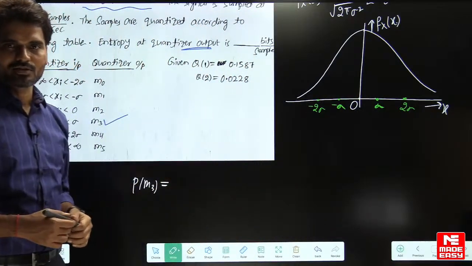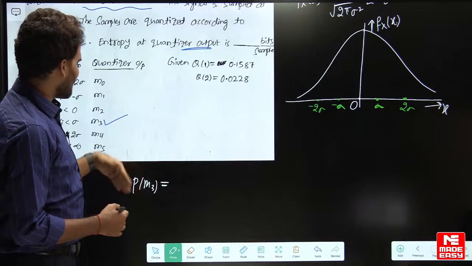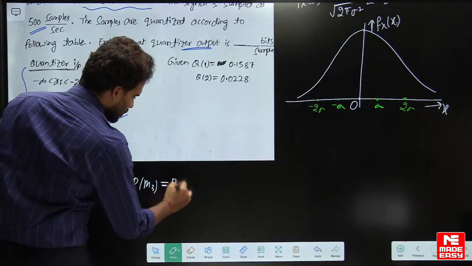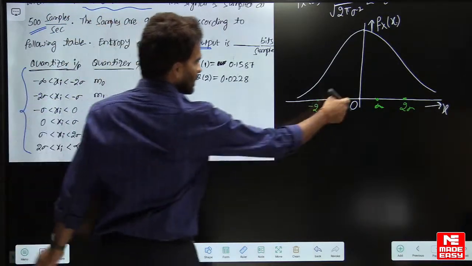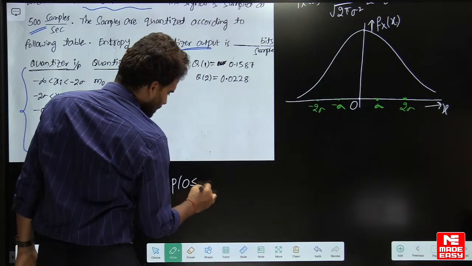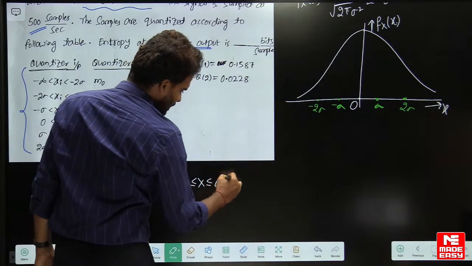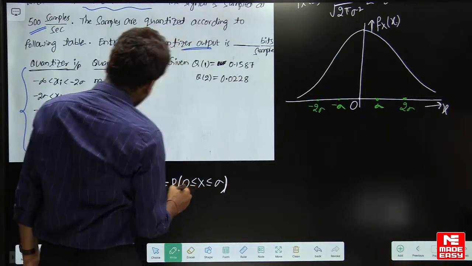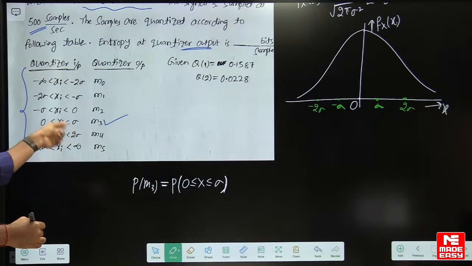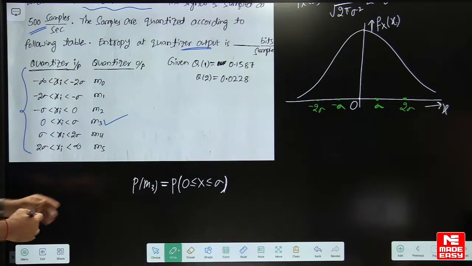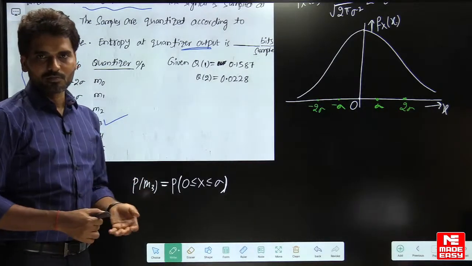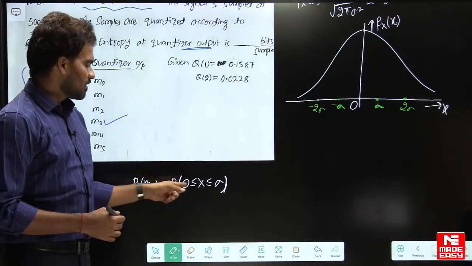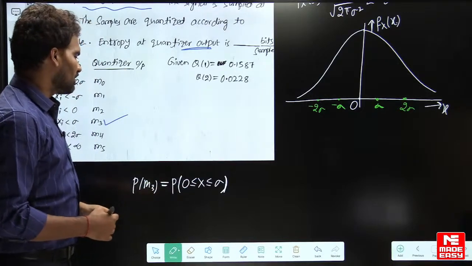So the probability of M3 at the output of the quantizer is nothing but the probability that x is in between 0 and sigma.